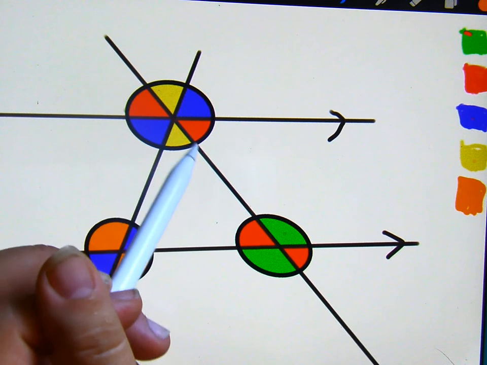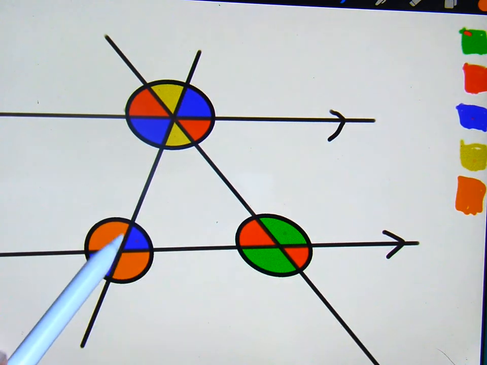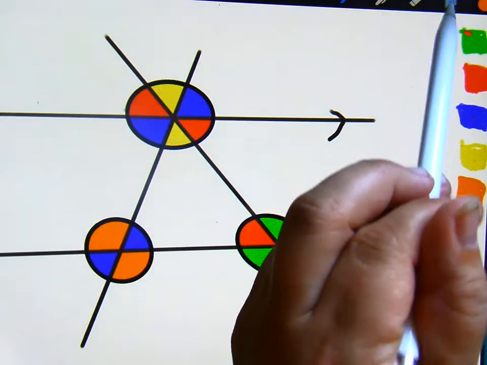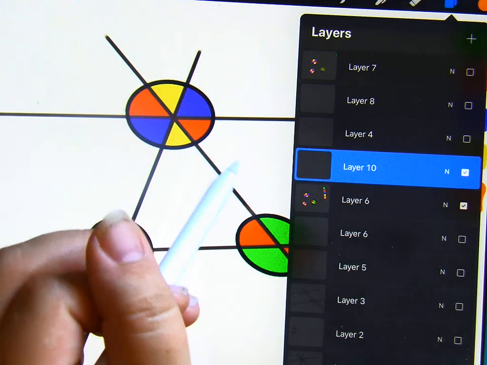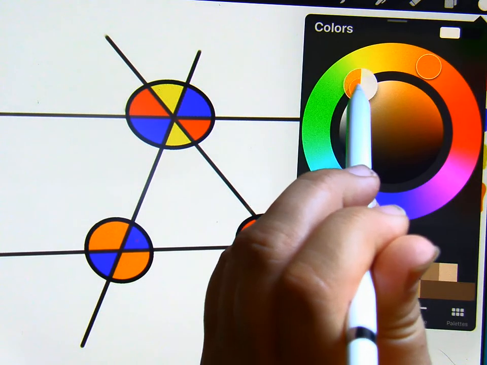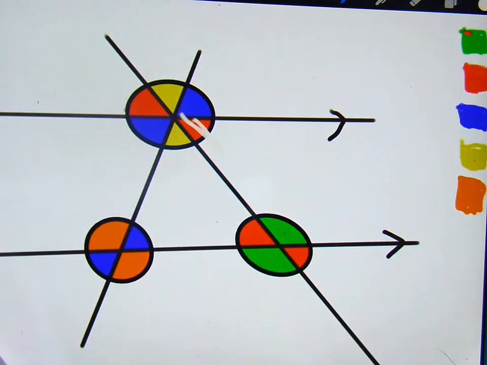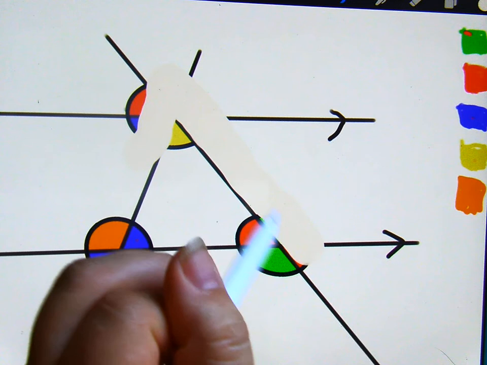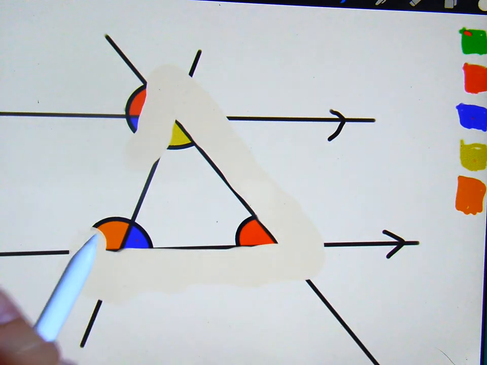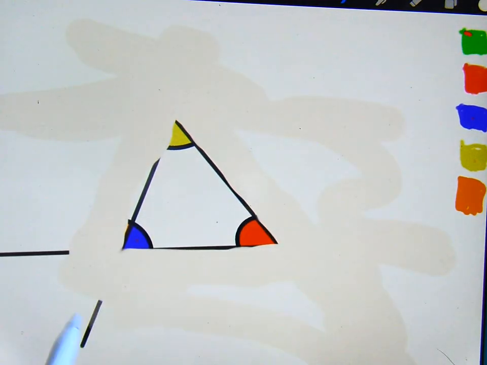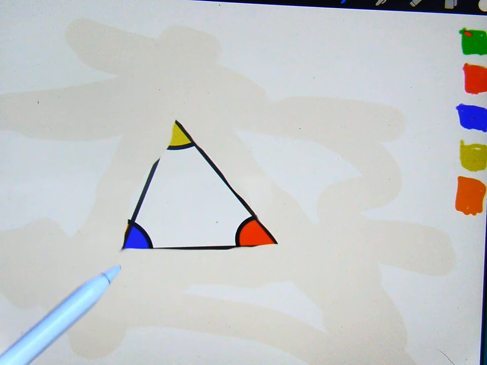And the one thing to notice, if you look at just this triangle here, if we were just to look at that triangle and ignore everything else, if we happen to erase it, what you would see is that the triangle here is made up of our three primary colors of red, blue, and yellow.